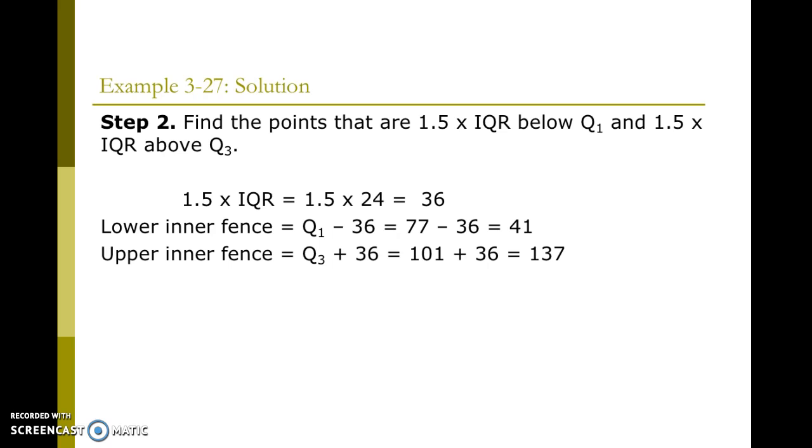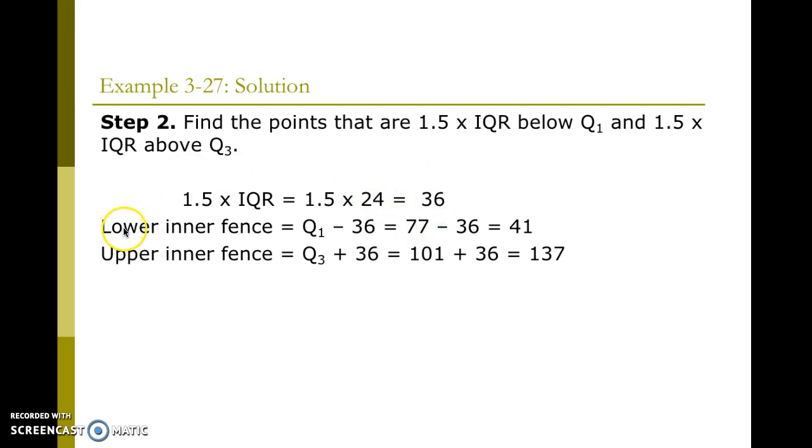Data would not be considered outliers if they fall within the fences. Think of those fences as keeping the data in the boundaries of what might seem normal. So if we take 1.5 times the interquartile range, in our example, that's 1.5 times 24, or 36.